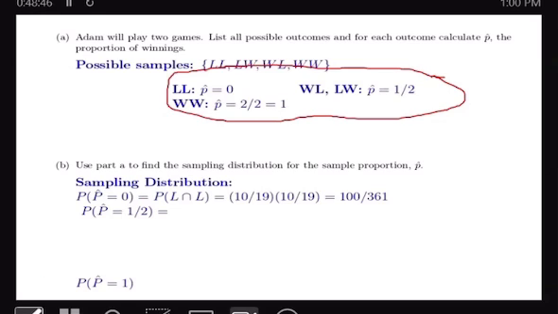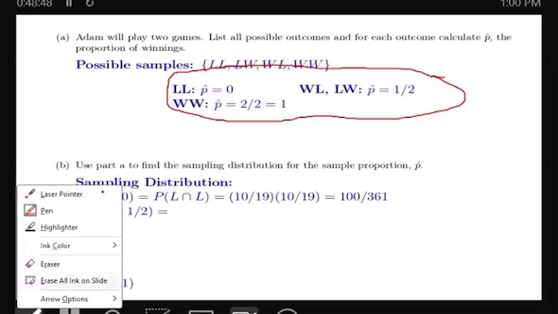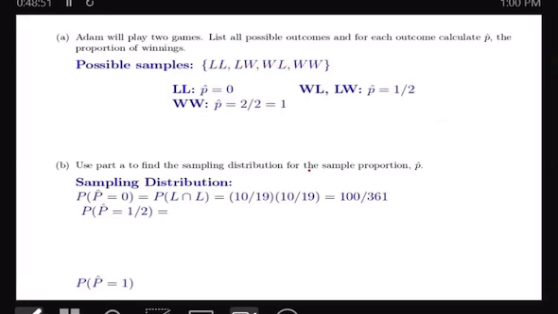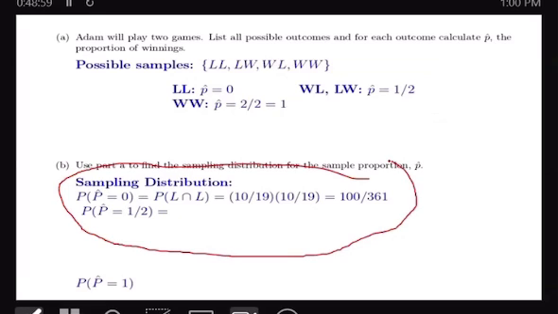Now, it says use part A to find the sampling distribution for the sample proportion p cap. If I want to use the idea of a sampling distribution, p cap equal to 0 is the same thing as the probability of L intersect L, the joint probability of losing both games.